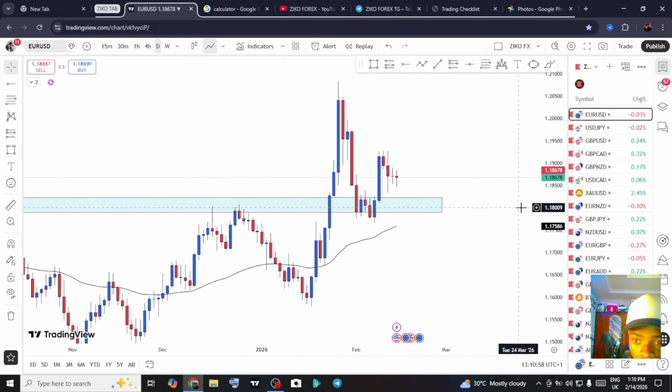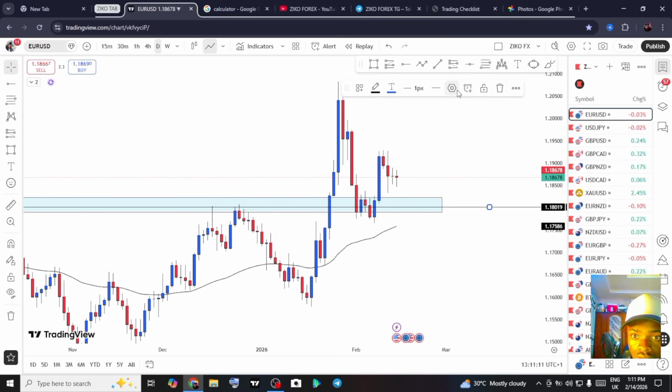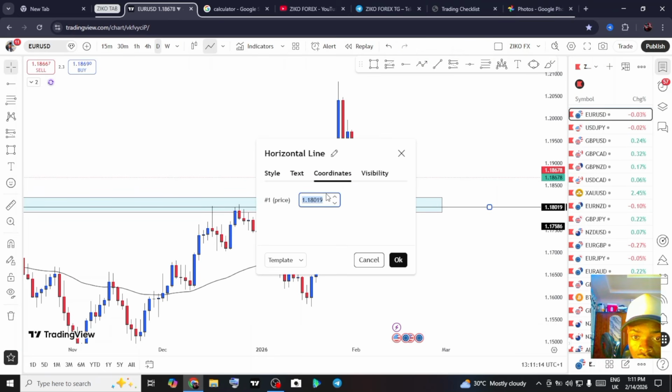So let's look for a round psychological level here. If you can see, we have a round psychological level at 1.8 thousand. So let's draw it. 1.8 thousand. Oh, right there, right?